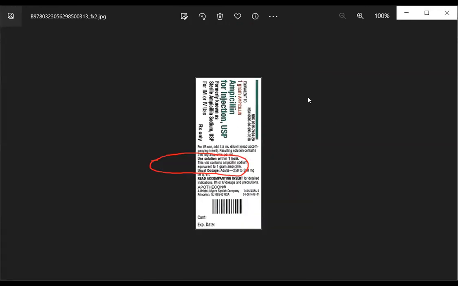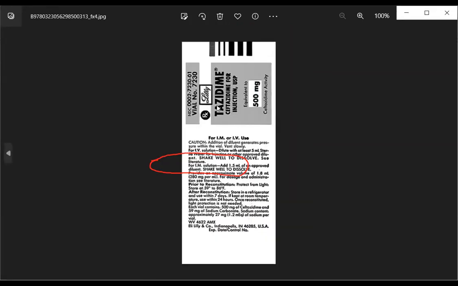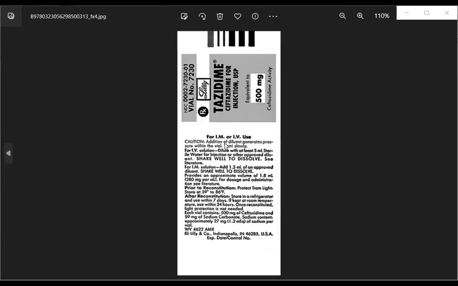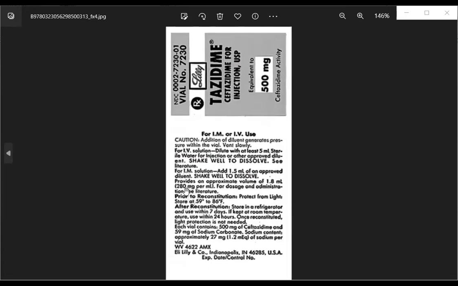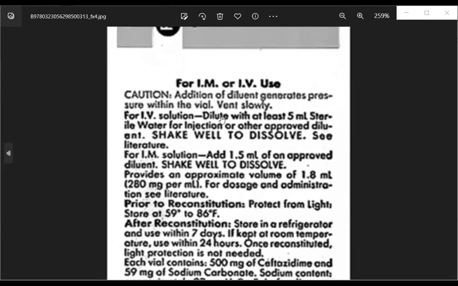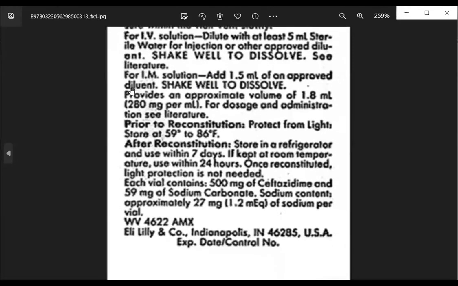And then if I go to another example, we could see it's 500 milligrams. We're going to look at the label. It tells you what to do, and then we need to just continue looking.